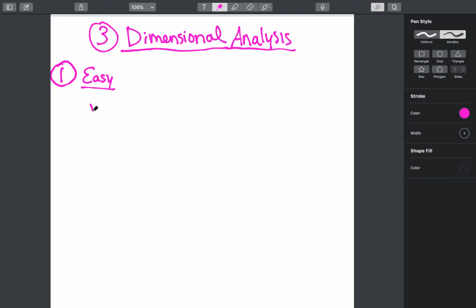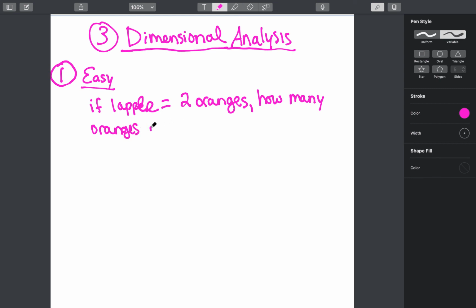So if one apple equals 2 oranges, how many oranges will I have if I have 4 apples?